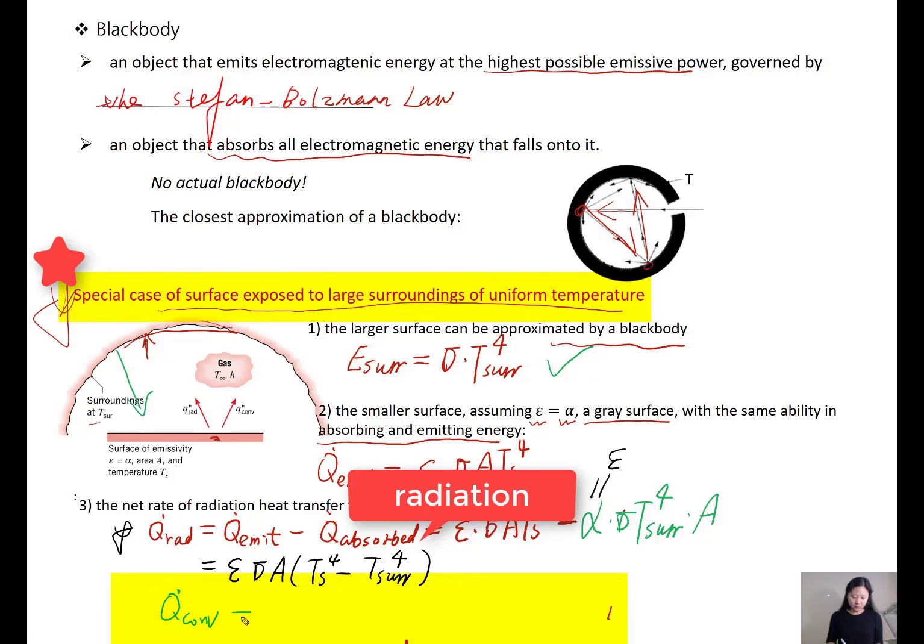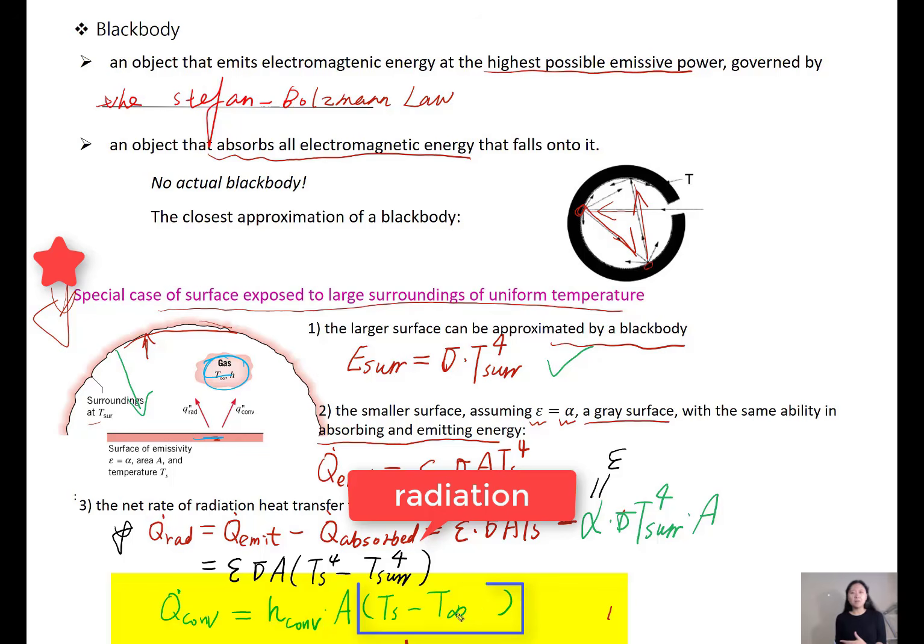That is by Newton's law of cooling. That's h, the convection coefficient, multiplied by the area of the smaller surface multiplied by what? Remember, convection occurs between the surface and the gas. So this is the temperature difference between Ts and T infinity.